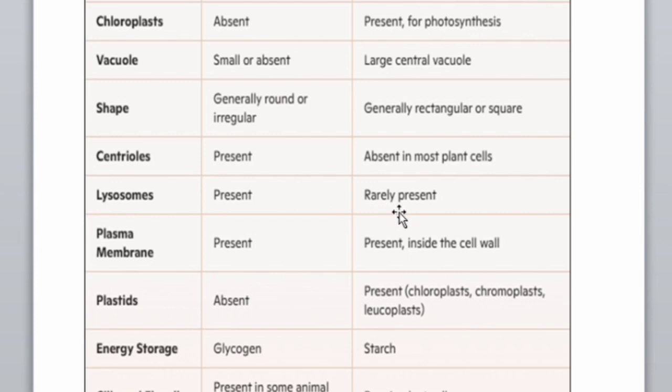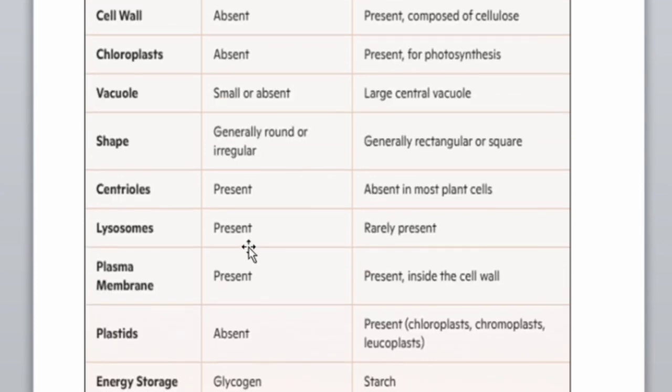In animal cell, plasma membrane is present on the outside. Okay? Whereas in case of plant cell, the plasma membrane is present inside the cell wall. The outer membrane in case of plant cell is cell wall, whereas in case of animal cell, the outer layer is plasma membrane.